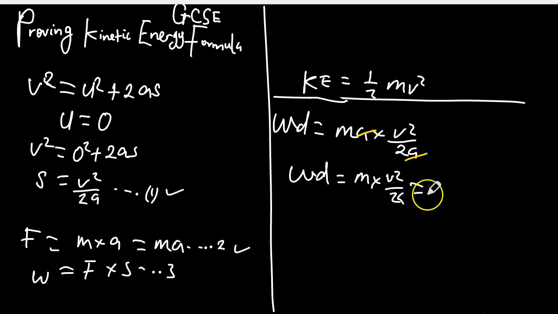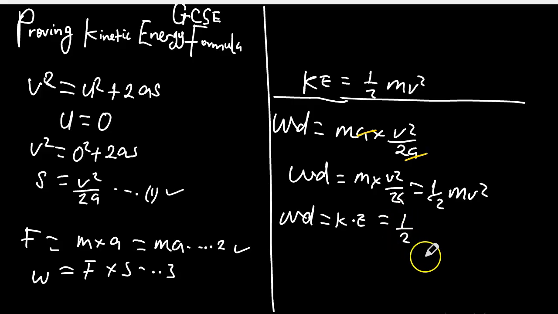So this is equivalent to a half mv squared by simplification. But what is work done? We know that work done on an object goes into increasing its kinetic energy, so it implies that work done is nothing but the kinetic energy of the system, and this is equal to a half mv squared.